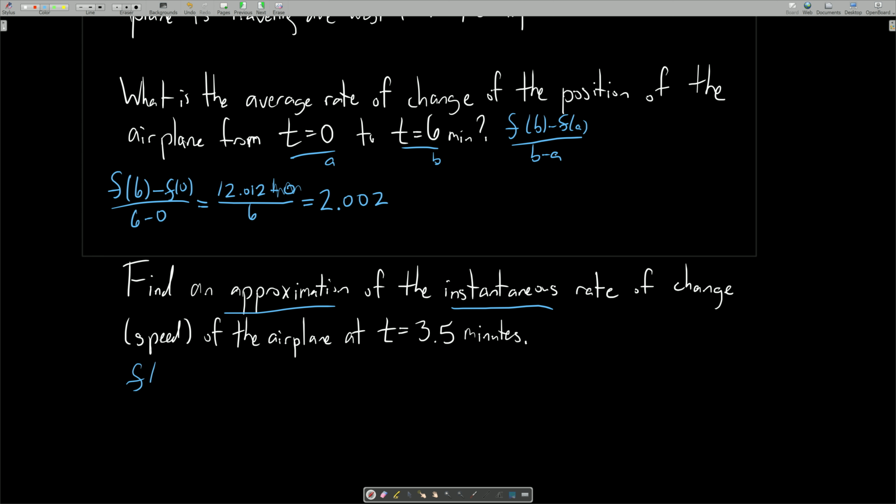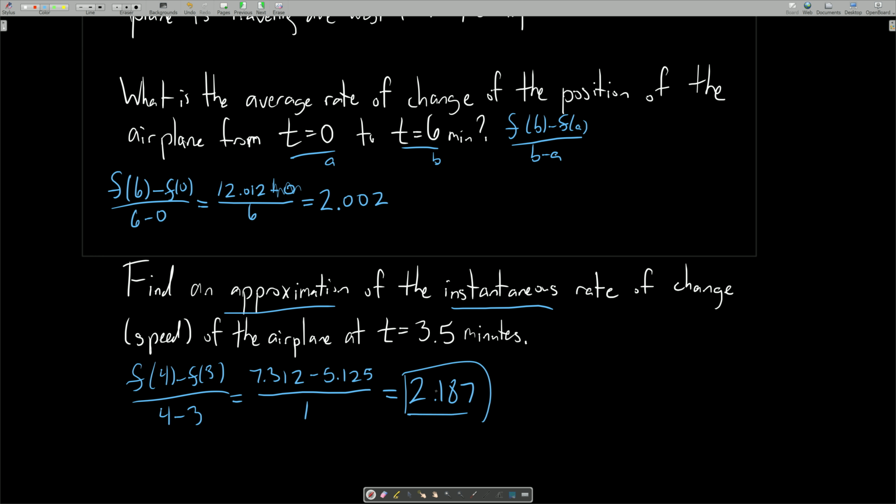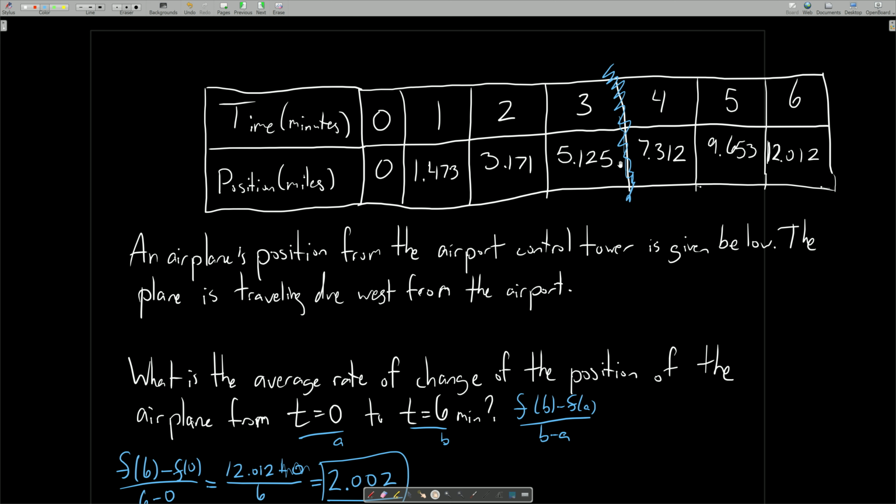So do that by f of 4 minus f of 3 over 4 minus 3. The values in the table, you have 7.312 minus 5.125 over 1, which comes out to be 2.817. We don't know the actual value of the instantaneous rate of change, but that's our approximation since we're given 3 and 4.